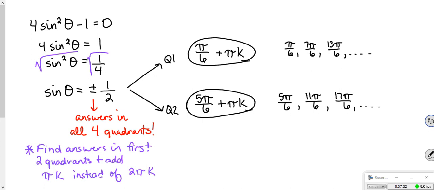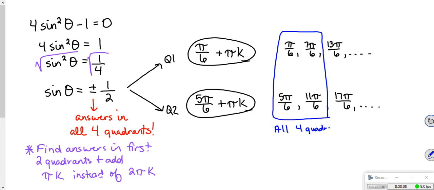So these would give me the answer in all 4 quadrants. But again, they're cyclical, so it's just going to keep going. So this and this are my 2 answers. That's what you put in the blank.